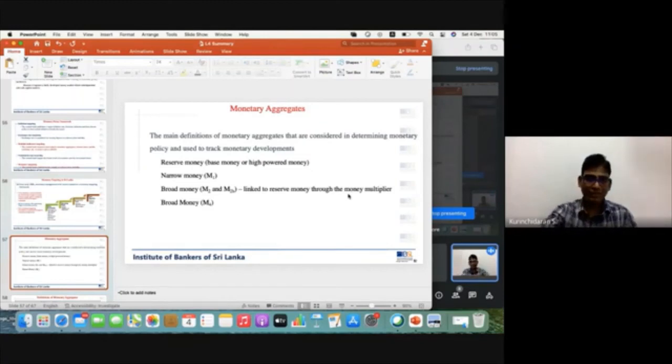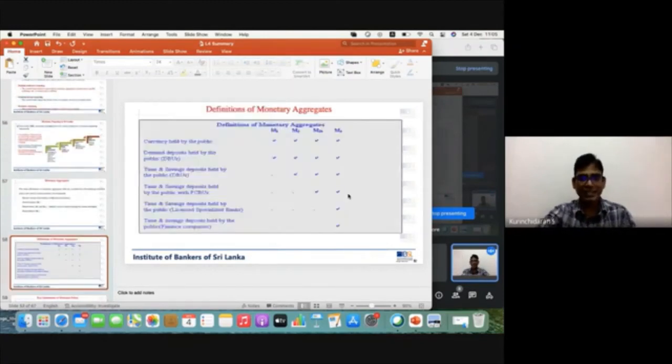So here you can see the central bank's Sri Lankan definition for each item. The definition of monetary aggregate: it can be M1, M2, M2B, M4. These are the key ones used here, right? So what is meant by M1?